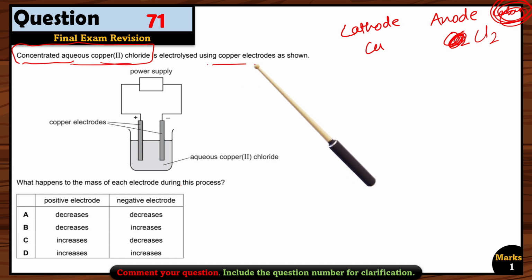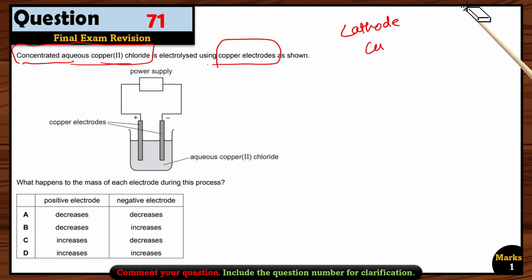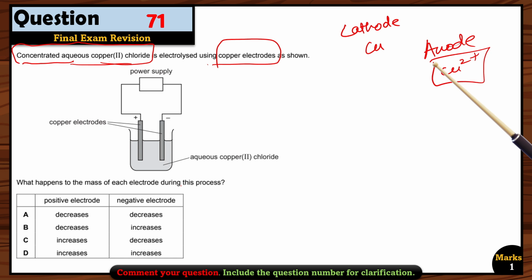But now the question is they are using copper electrodes. So whenever we have copper electrodes at the anode, you are going to get nothing except copper ions. This will be your product. So what will be your reactant? Your reactant will be copper metal and it will oxidize to give you copper ions and electrons.